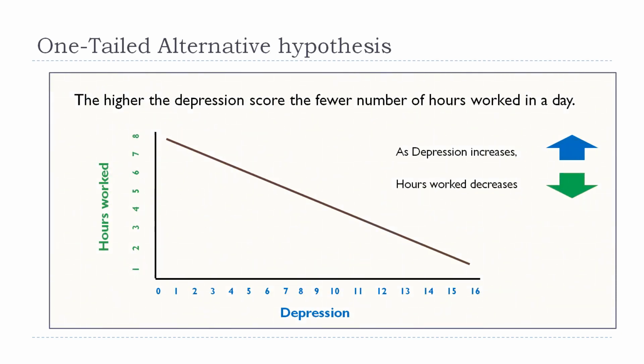As depression increases, hours worked decreases. So that's a negative relationship. But in both cases, we've provided the direction, right? And that's a one-tailed alternative hypothesis. One-tailed meaning it's going in one direction, and that direction could be positive or negative, but it's a direction.